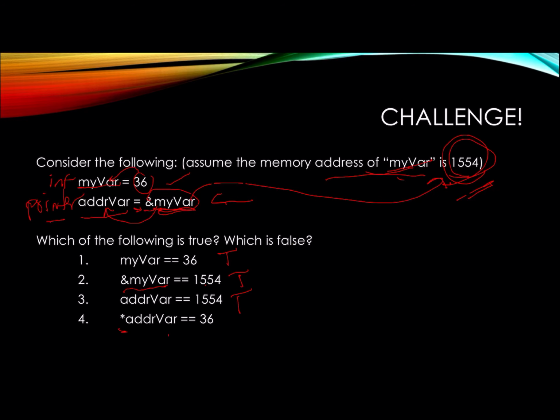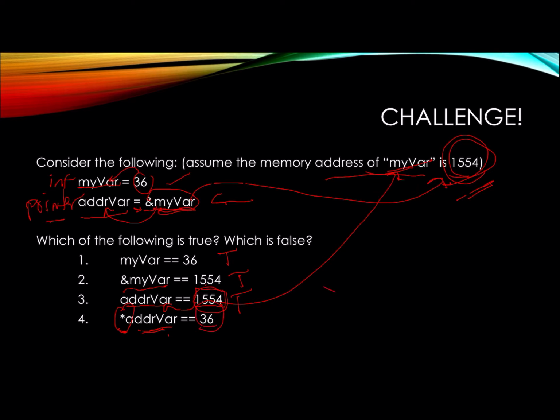So if the value of addr var is equal to 1554, we are putting the address 1554 in this pointer. And if we put an asterisk before this pointer, we are not referring to the memory location anymore. We are now referring to the content inside 1554. And 1554 is the address of myvar, which contains the value 36.